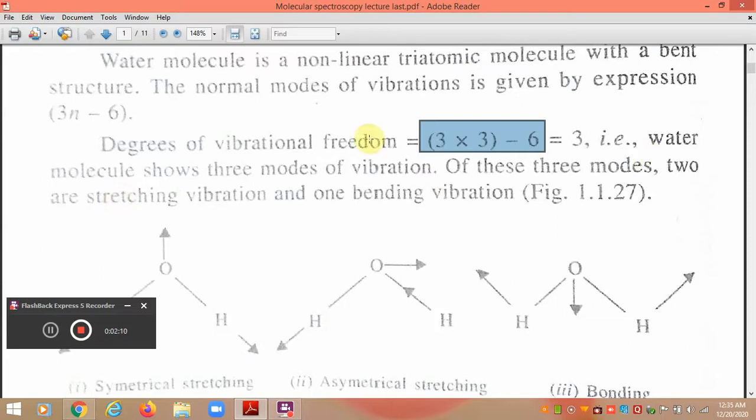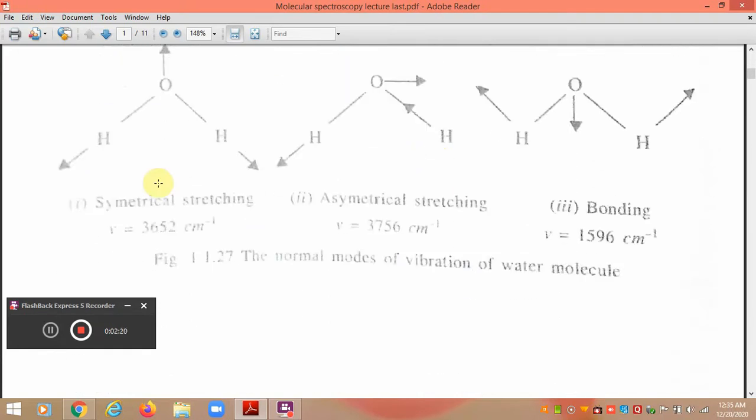The water molecule shows three modes of vibration, and out of these three, two are stretching vibrations and one is a bending vibration. Out of the two stretching vibrations, the first is called symmetrical stretching and the second is asymmetrical stretching, while the bending vibration is shown here.